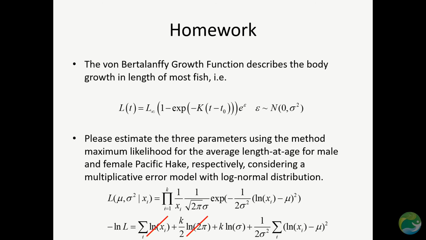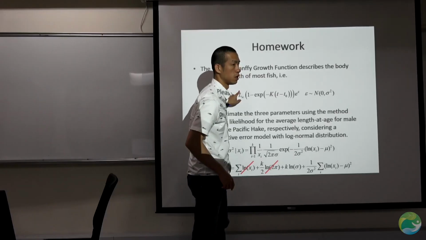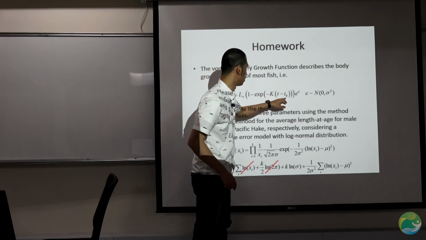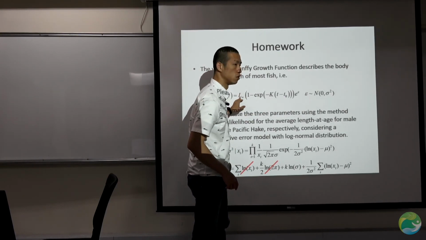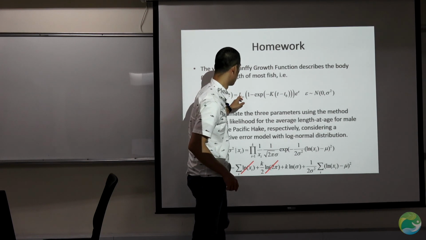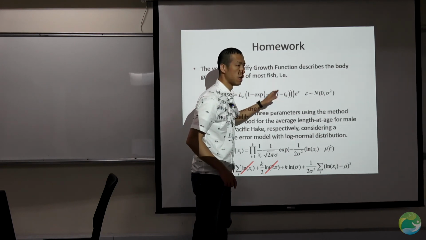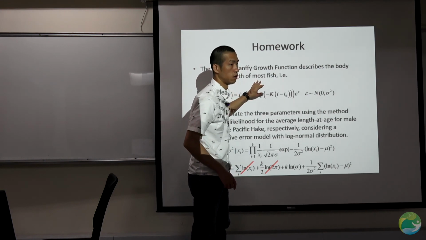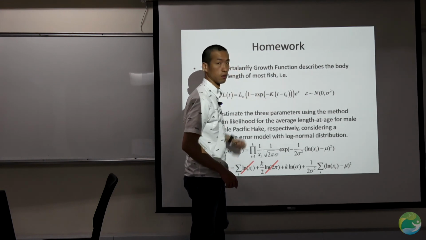Likelihood value. I want you to maximize the likelihood value by solving these three parameters. The solution will be you need to find a value that maximizes the total likelihood of the data, okay?